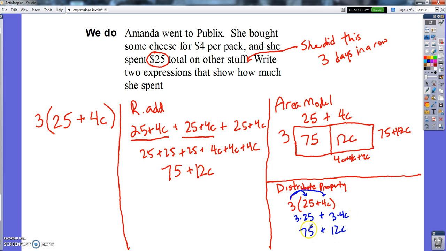All these get me to the same place, you'll notice, right? It's just a matter of which one you're comfortable with understanding why it gets you there. This is probably the fastest, but I only want you to do this if you understand where it comes from, that I'm really doing this behind the scenes. So this is sort of like the fast algorithm way to do it. These are meant to help you understand where that comes from.